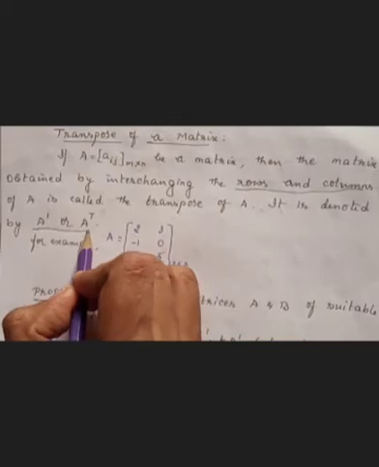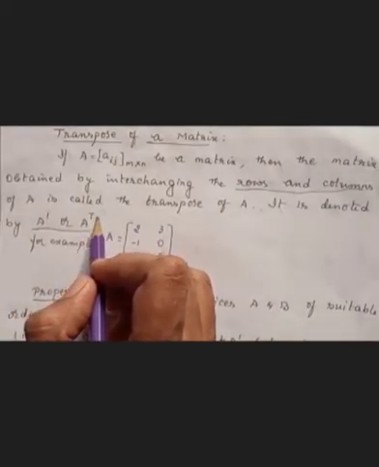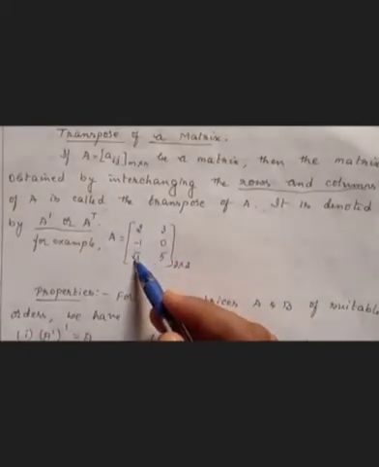It is denoted by A dash or A to the power T, that denotes A transpose. So this is the matrix A. Interchange the rows and columns. This is a column now, written as a row: 2, minus 1, root 2.